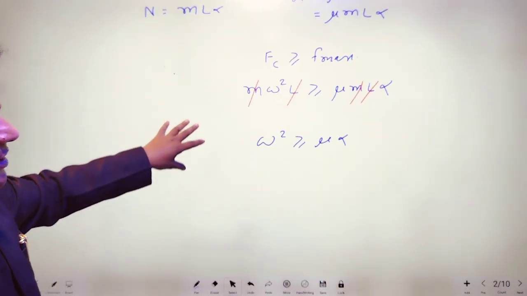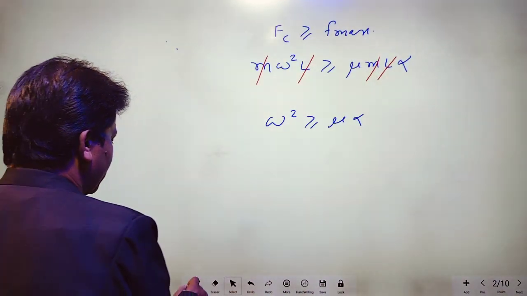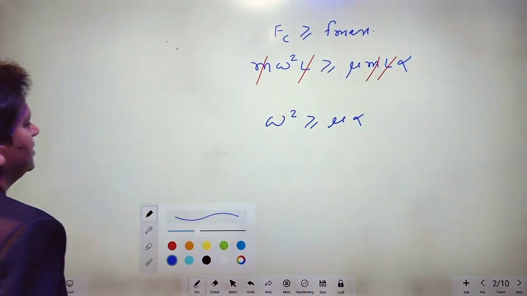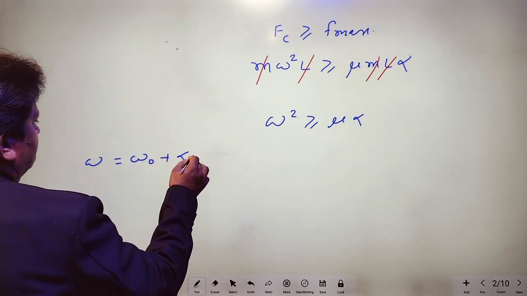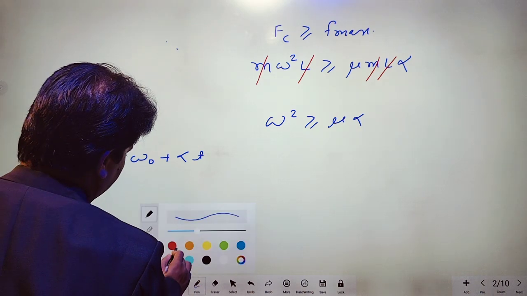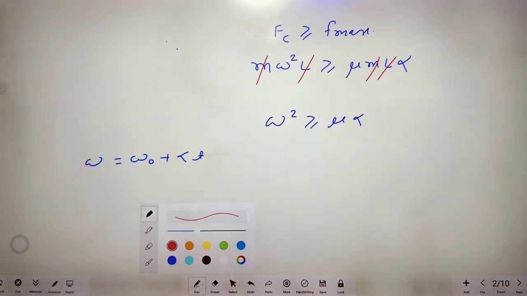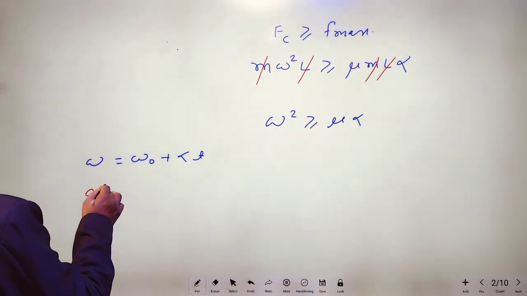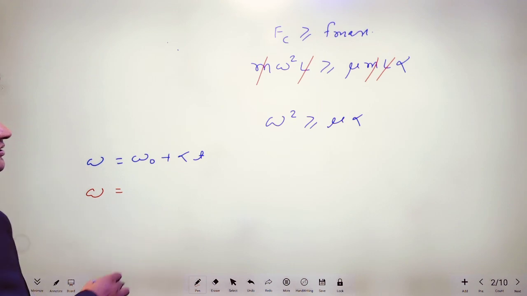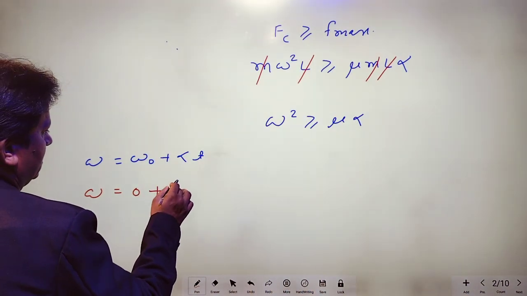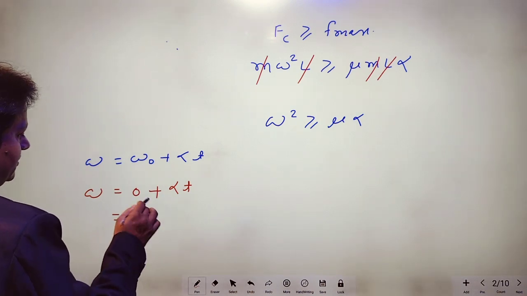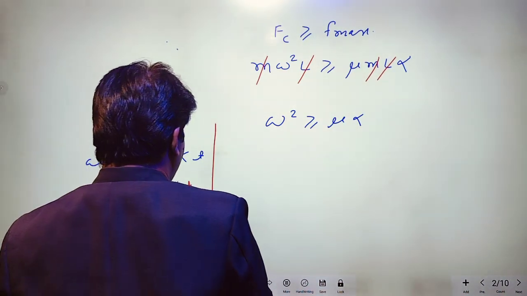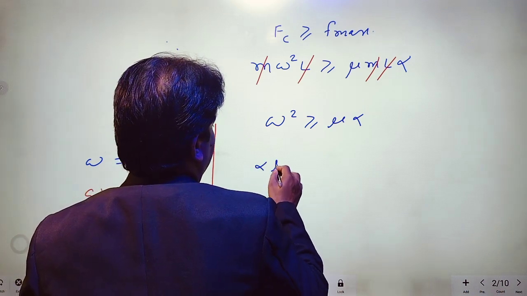First of all, we find omega at time t. We know that omega is equal to omega naught plus alpha t. This is the equation of rotational motion. The initial angular velocity is 0, so omega is equal to alpha t.